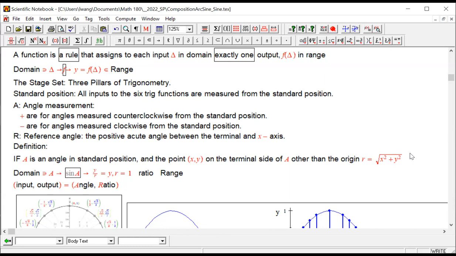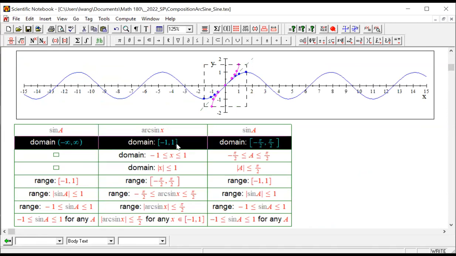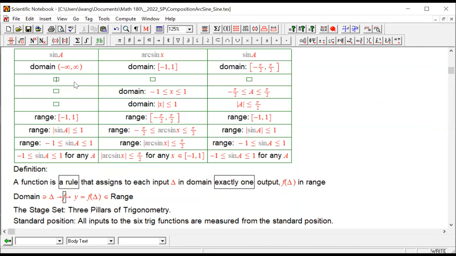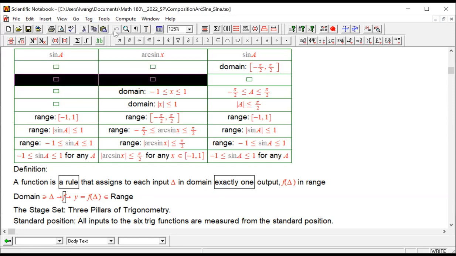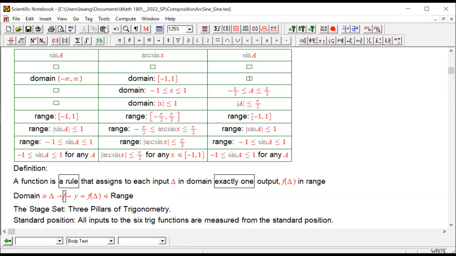So I'm going to put this piece on the summary table, inserting a row over here.